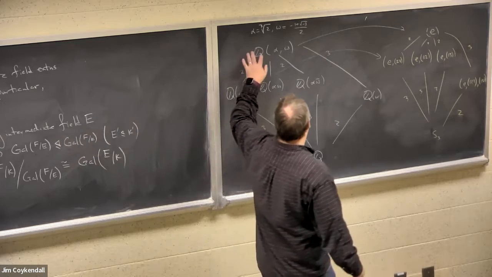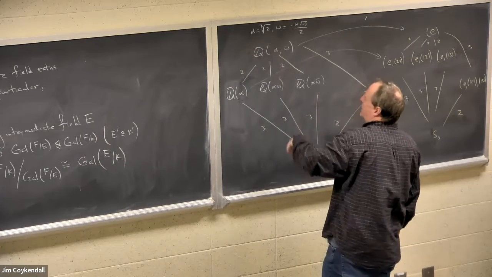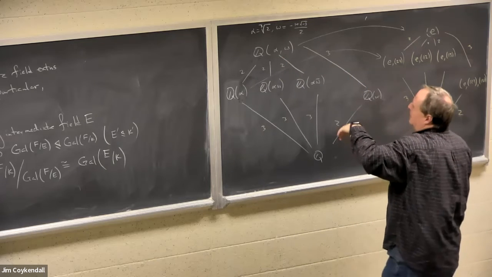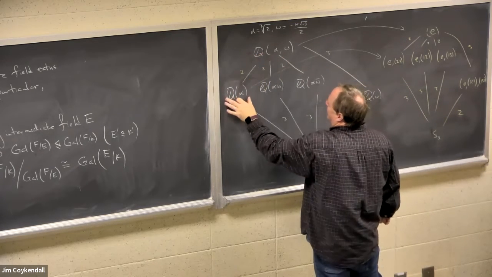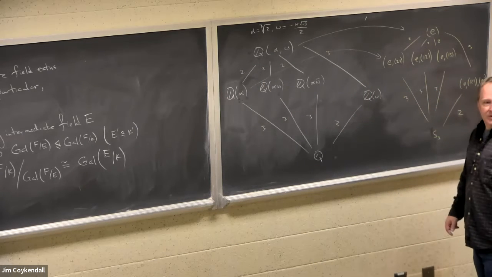So this is Galois over Q, because the fixed field, this is K. But if you look here, if you look at the automorphisms of this that fix this, and you look at the fixed field of the automorphisms, it's precisely Q alpha.